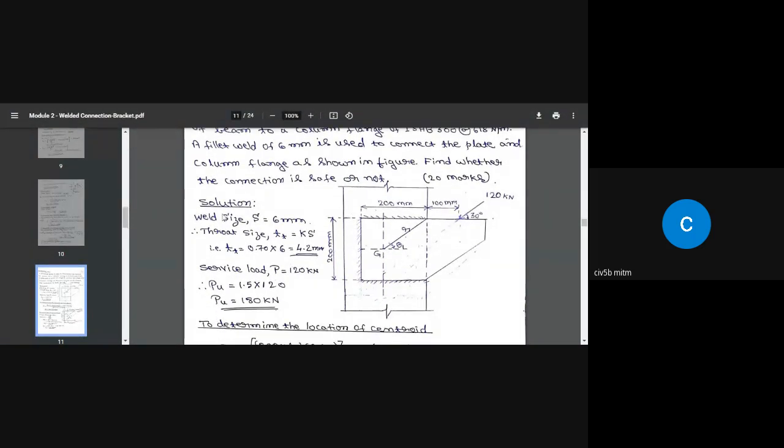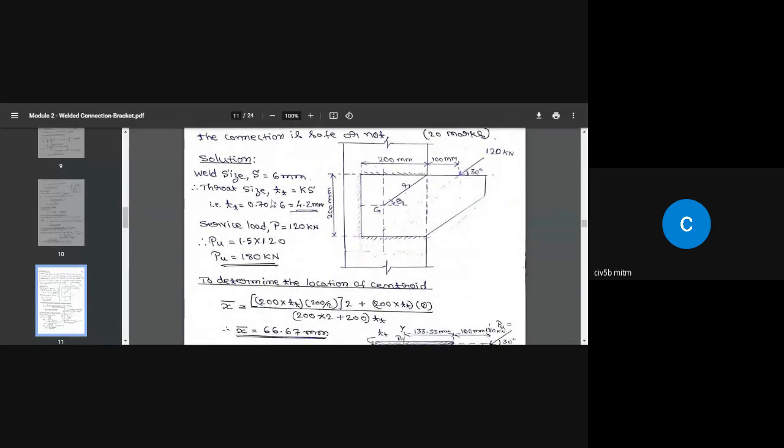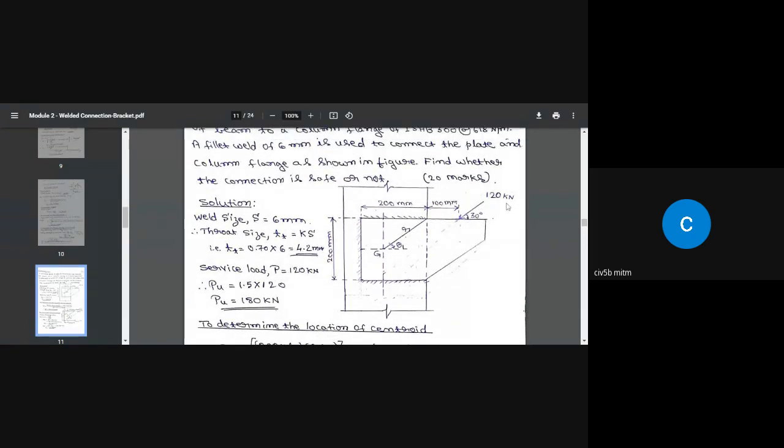Okay. Next, weld size, of course, given, that is equal to 6 millimeter. Therefore, throat thickness is equal to 0.70 times 6, that is equal to 4.2 millimeter. So what is service load? P equal to 120. Therefore, PU equal to 1.5 multiplied by 120, that is equal to 180 kilonewton.